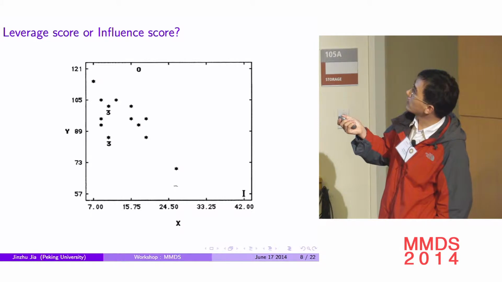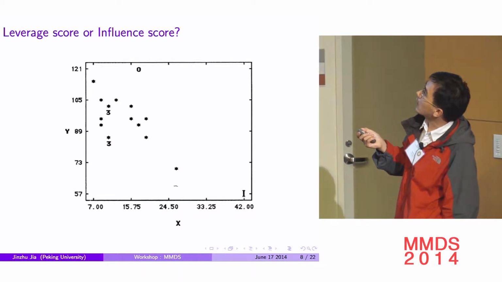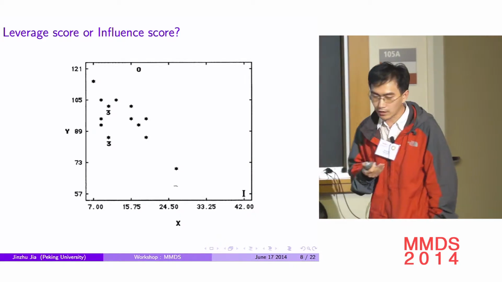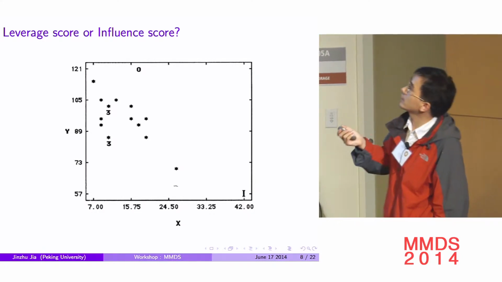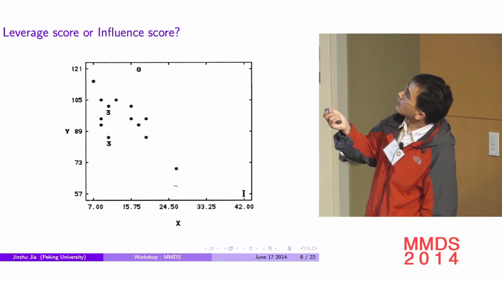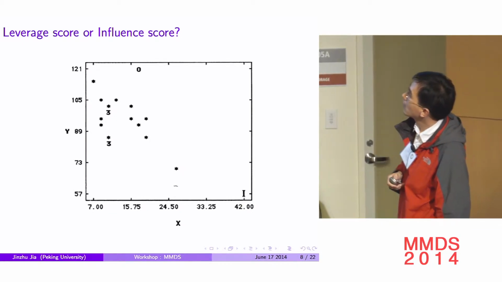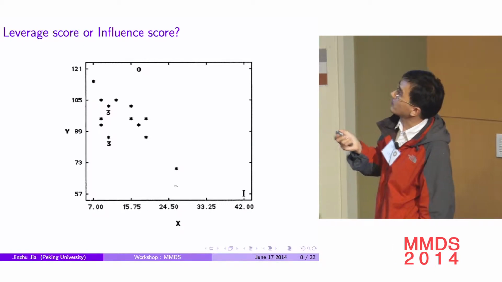Let's see an example here. We see that there are some data points which might be outliers, or might have very big influence on the linear equation. You see this data point has very big influence, and this data point also has very big influence.